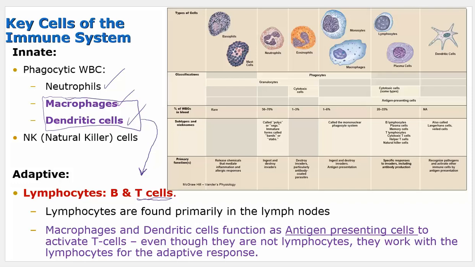Again, the macrophages and dendritic cells function as what we call antigen presenting cells. We're going to figure out what that means, and then they're going to activate those T cells I mentioned. So even though they're not lymphocytes, they do work with the lymphocytes for that adaptive response.